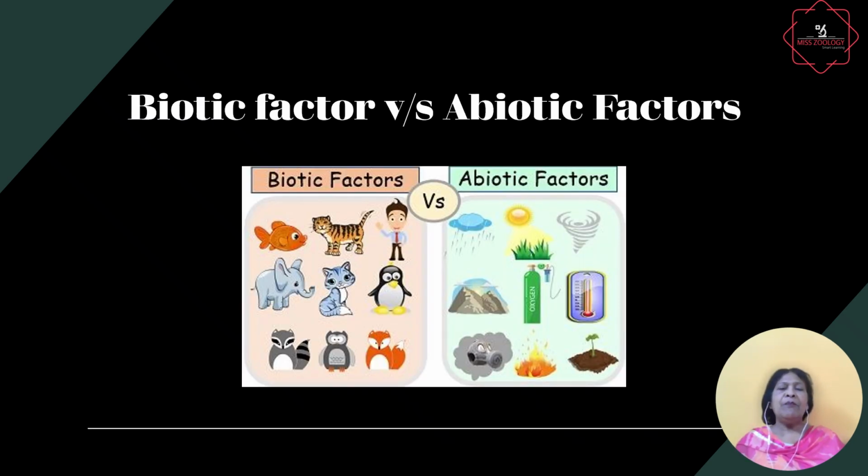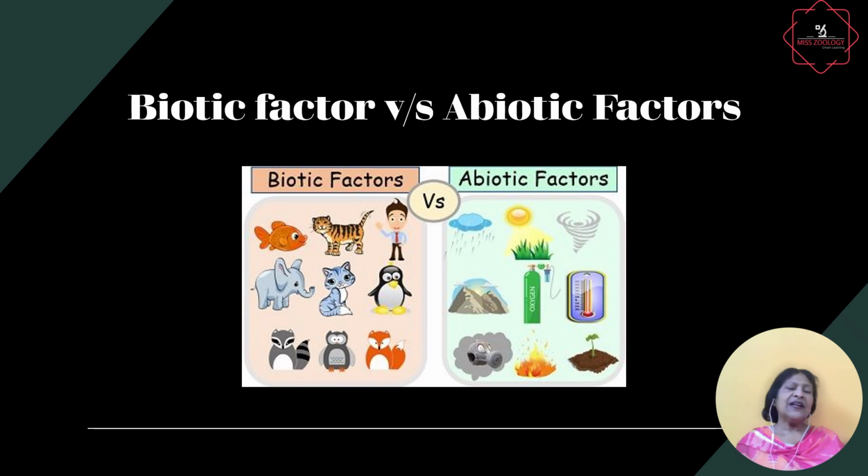Next we have biotic factors versus abiotic factors. Biotic factors include the living organisms of an ecosystem, whereas the abiotic factors include the non-living environment present in an ecosystem. Now, the next point which we might explain or just give validity upon would be what is included under biotic factors.